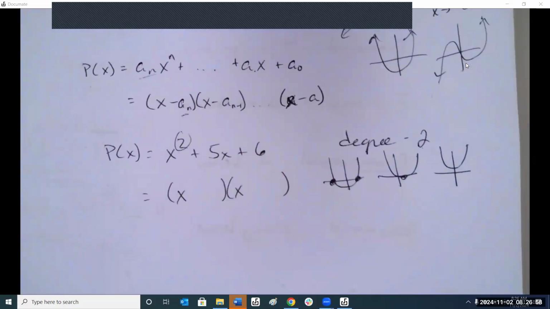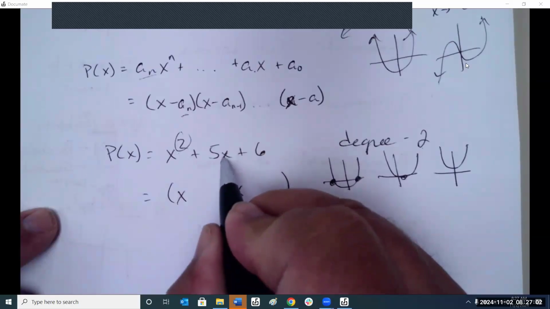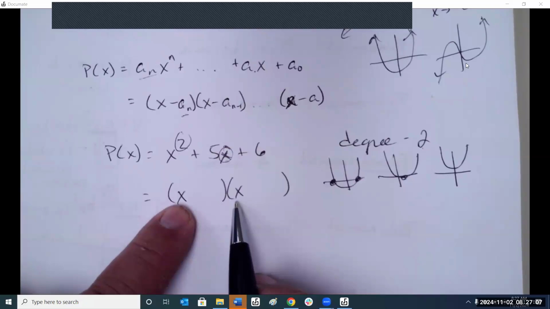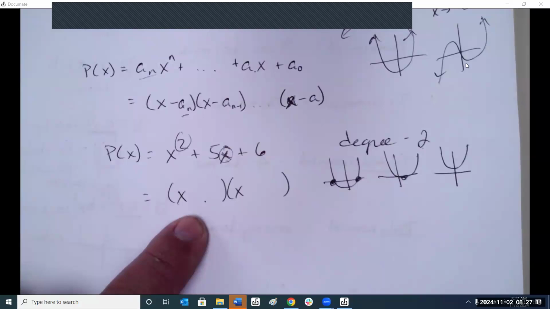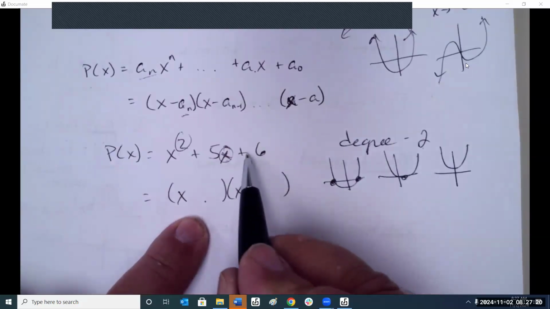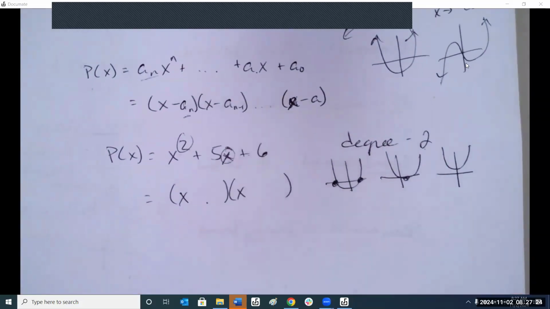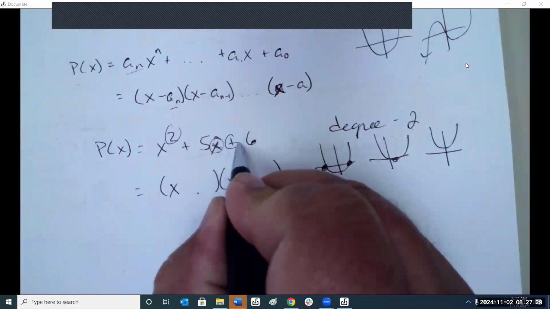Remember how to factor these? You first, because whenever you solve for these things, you always solve for the middle variable. That's why the x goes there. What signs go in there? To figure out the signs, look at the second sign.